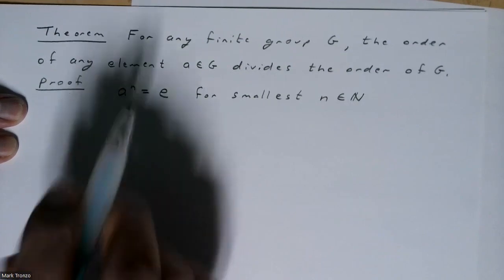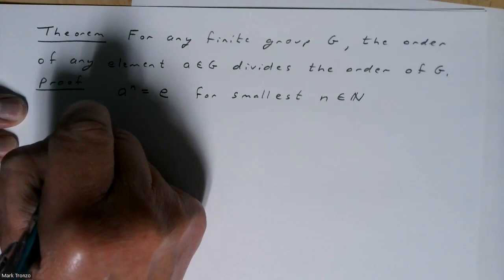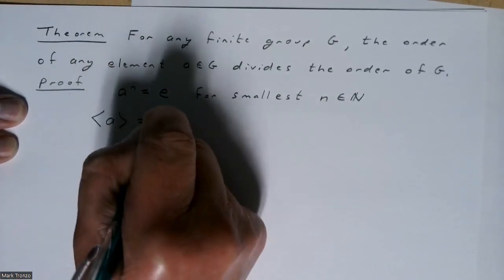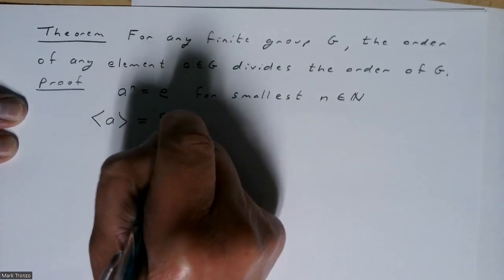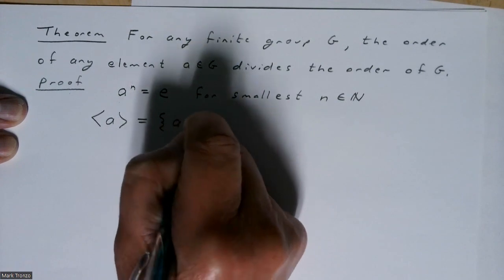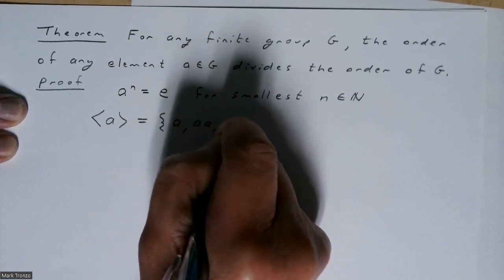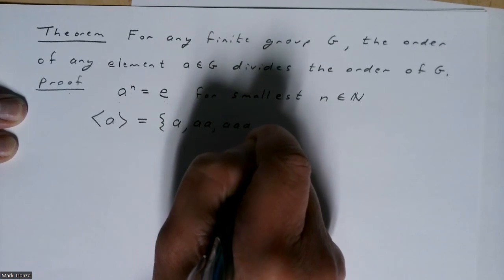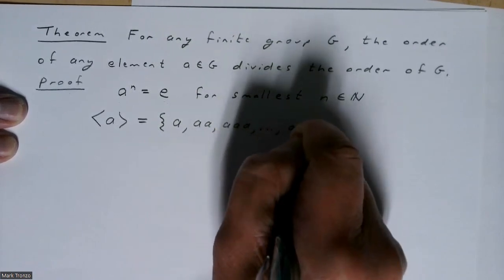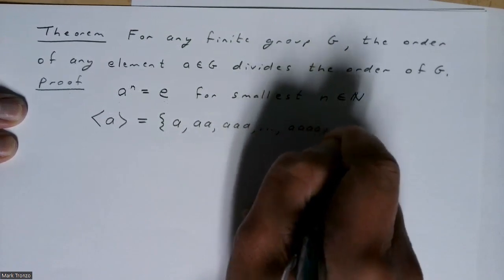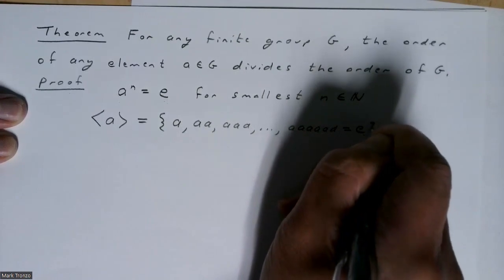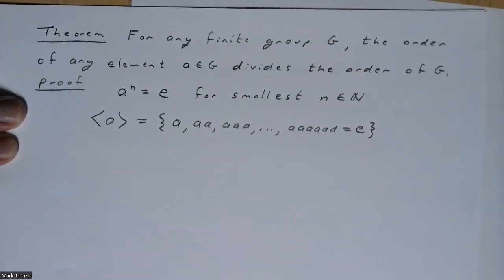And then, so now if you think about the subgroup that this generates, this will generate the subgroup A times A times A times A, and then up to the point where you finally have a number of these multiplied, and then you get the identity, and then it repeats itself.